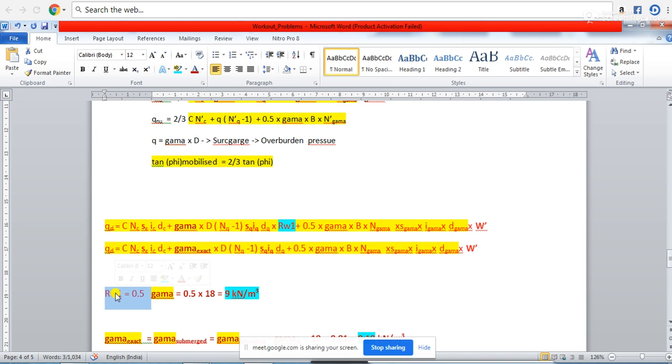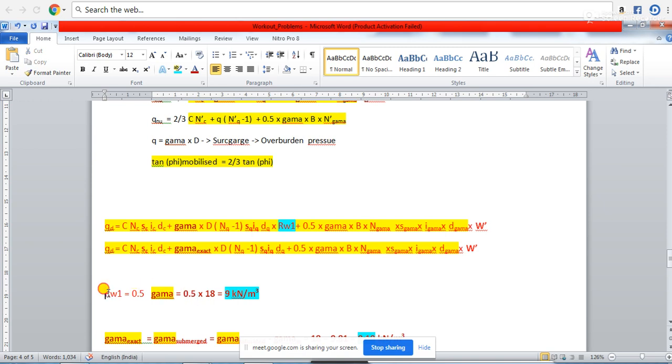Your gamma value will be multiplied with 0.5, because this is actually becoming your gamma exact, since the unit weight of soil in that case is given as 18 kilonewton per meter cube. That is the unit weight of soil, not in the submerged condition. So to take care of the submerged condition, you just multiply it with 0.5 if you use the rw1 factor.